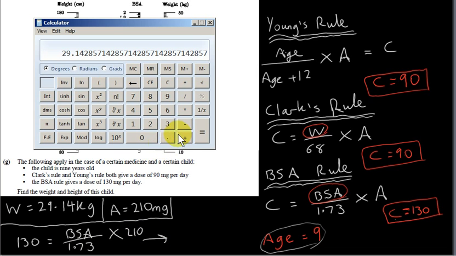So I'm sure you're okay with that. I won't write that out. We take 130, multiply by 1.73. That gets rid of the 1.73 denominator. Multiply both sides by that denominator. And then we divide across by 210. So the BSA is 1.07.